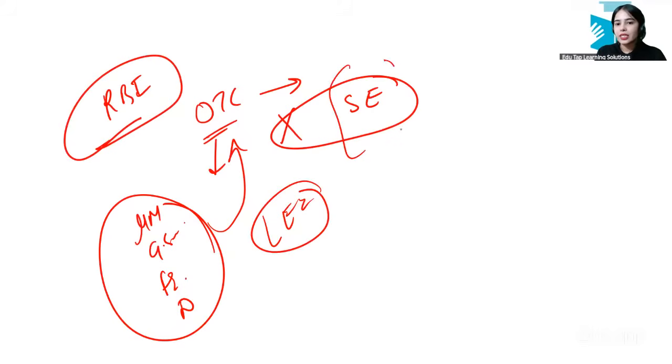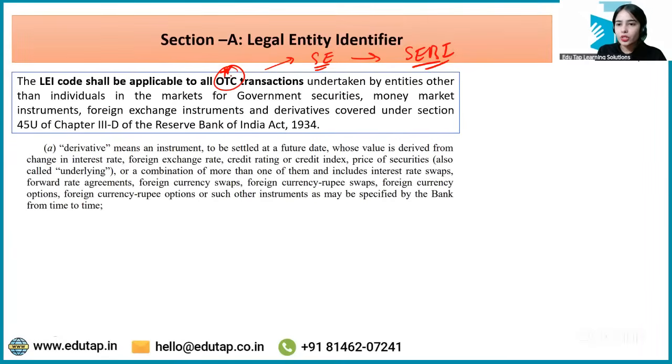If the transaction is happening through the stock exchange, that will come under SEBI. Over the counter transactions are those that are not happening on the stock exchange. Any transaction that is not happening through the stock exchange comes under over the counter transactions.